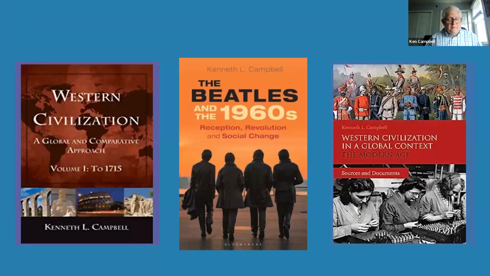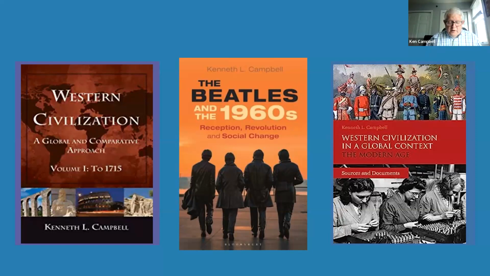So here's just images of a few of my books, and I suppose, like most of you, perhaps, I was trained as an academic historian and did academic writing, and it was some years into my career before I started writing textbooks.